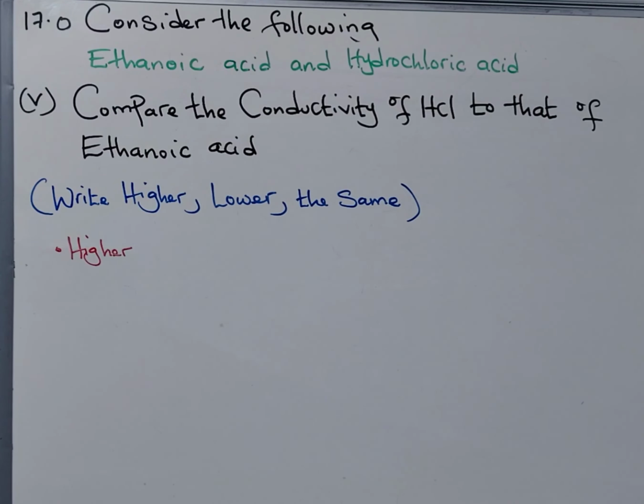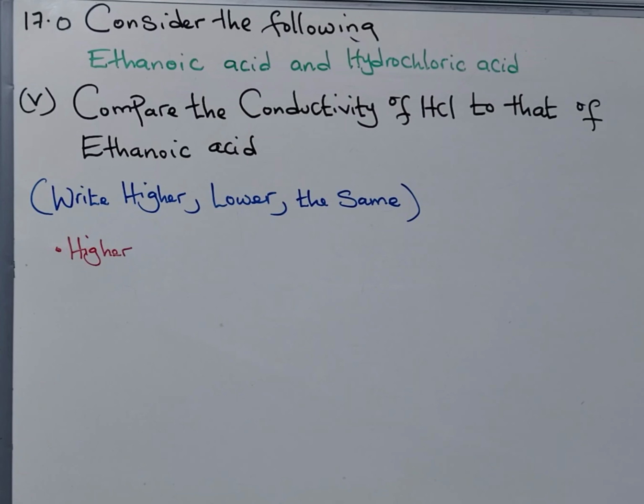So when hydrochloric acid is completely ionized, what happens? It releases a large amount of ions, or creates a large concentration of ions. And we have to know that those ions are the ones responsible for conductivity.